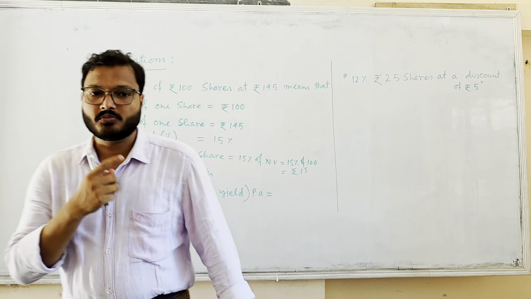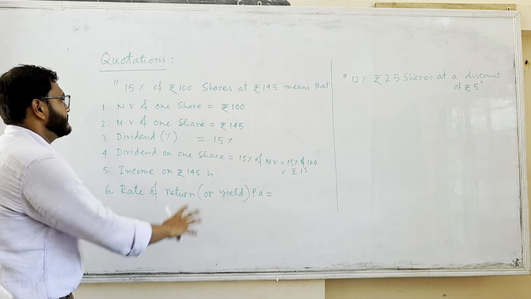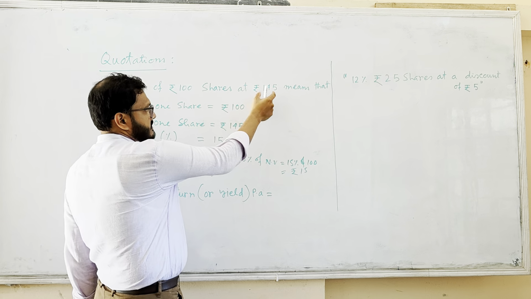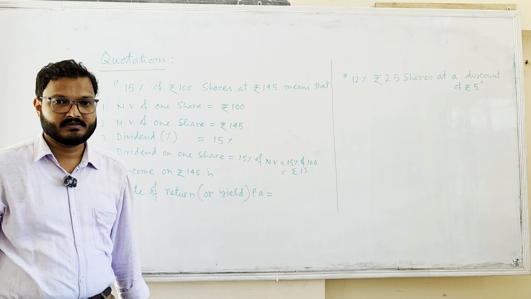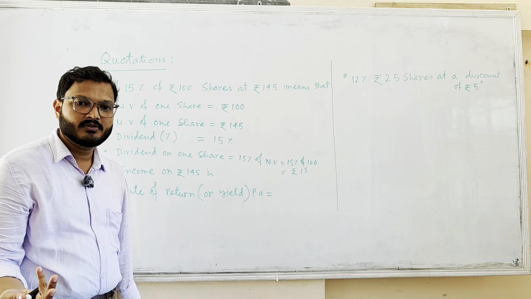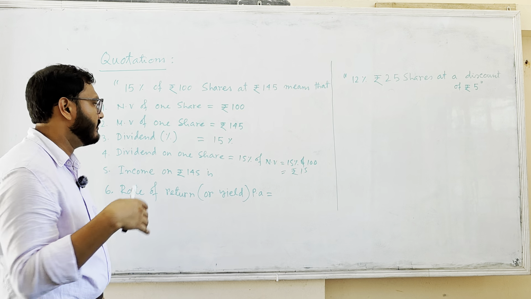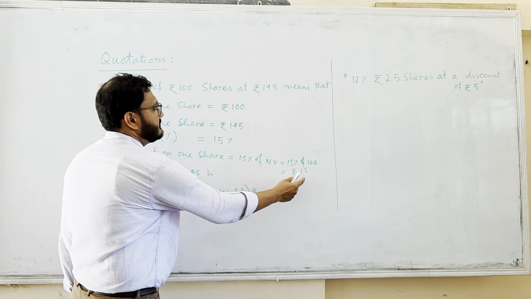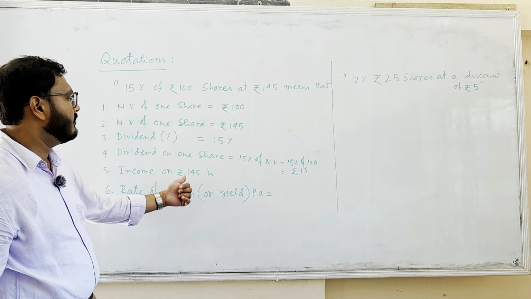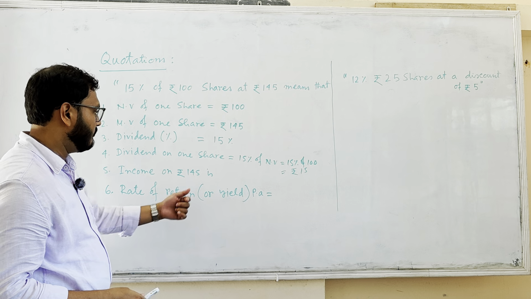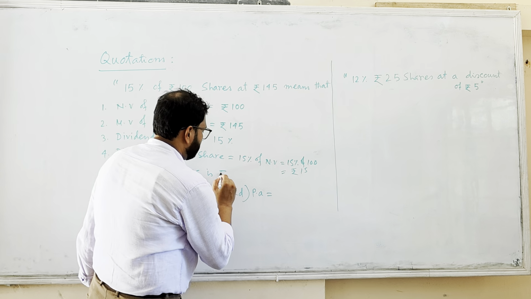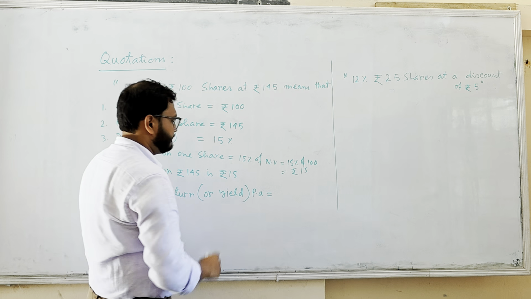You purchase one share. Let's suppose you purchase one share at 145 rupees. So your investment is 145 rupees, and how much you get as return or income, that is 15 rupees. So the income on rupees 145 is rupees 15.